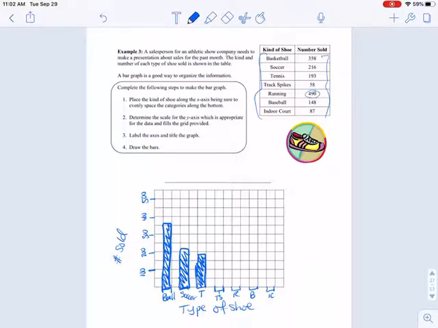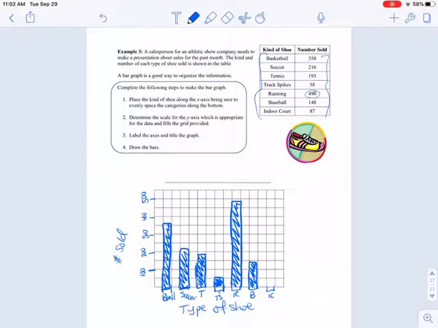Track spike's 58, so just over 50. Running is 490, almost all the way up to 500. Baseball is 148, so just under 150.